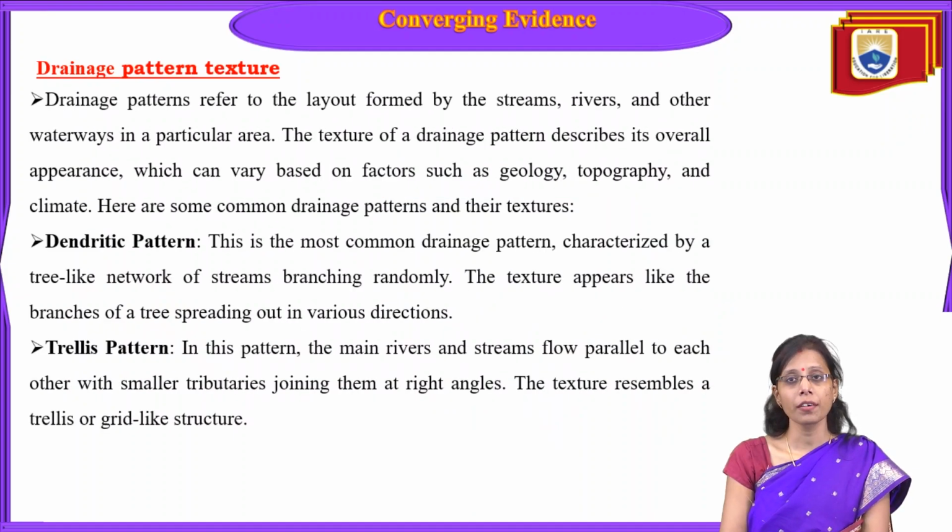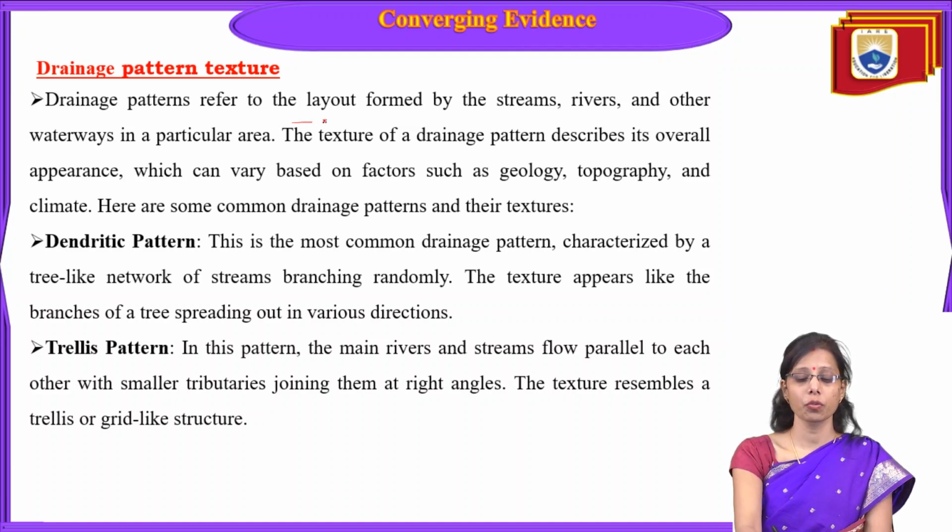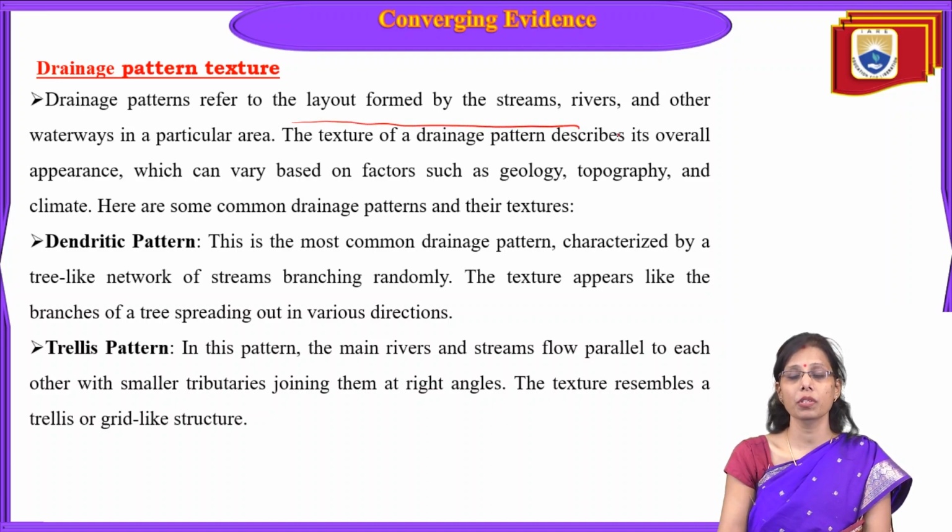Okay, next is drainage pattern texture. So what is drainage pattern texture? What is drainage? It is the way in which water flows in a direction, right? Drainage pattern refers to the layout formed by streams, rivers, and other waterways in a particular area.